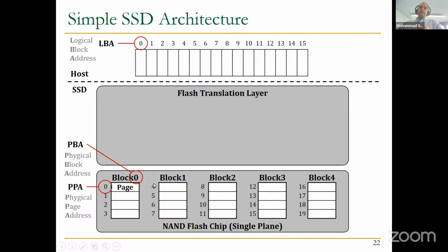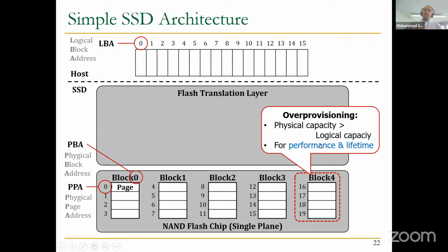And in the SSD, we have physical block addresses as well as physical page addresses that you can see. Actually, in the SSD we have a larger capacity, a larger number of pages. At the host layer we have 16 logical block addresses, but here we have 20 physical page addresses.